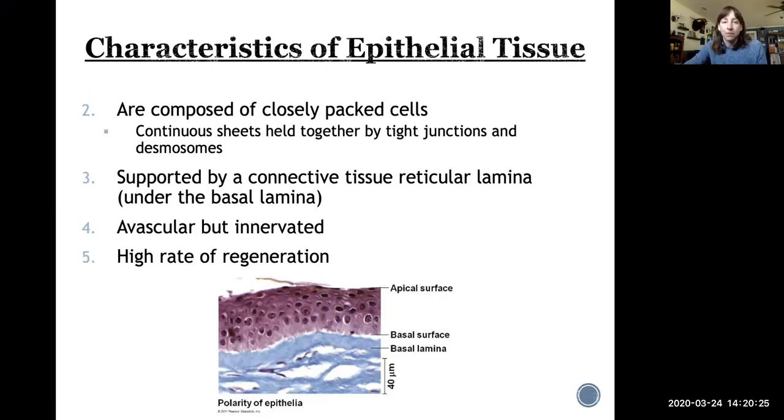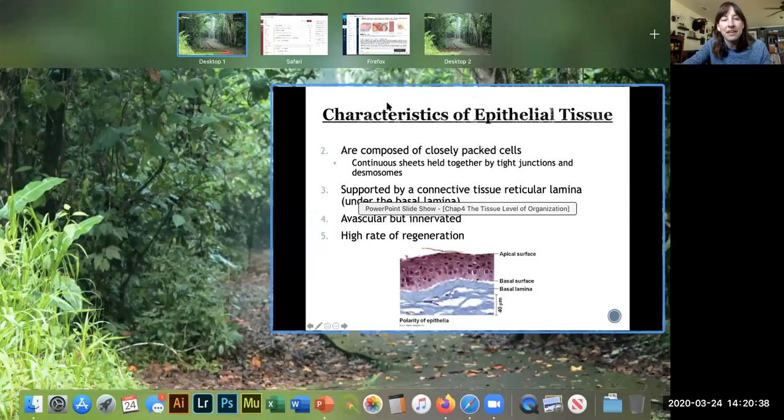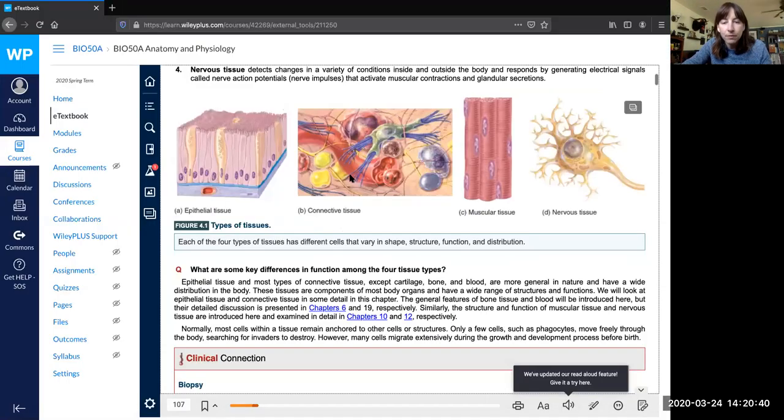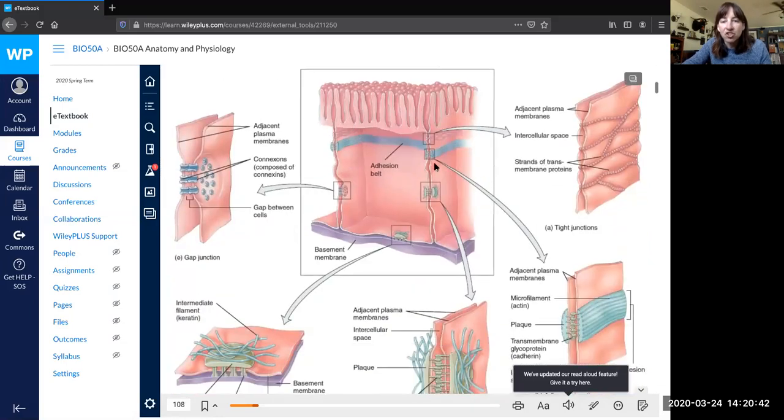Epithelial tissue is composed of closely packed cells. So the reason why your textbook immediately goes into cell junctions, which we had already talked about when we talked about cells, is because these cell junctions are specific to epithelial types of tissue.